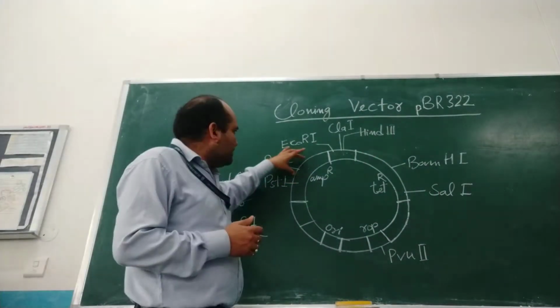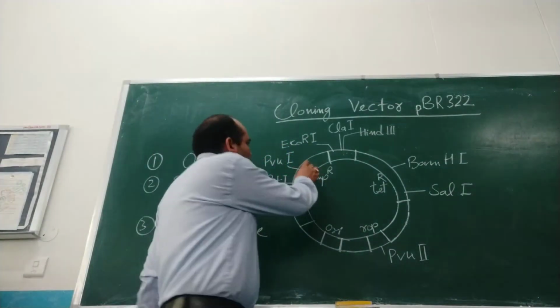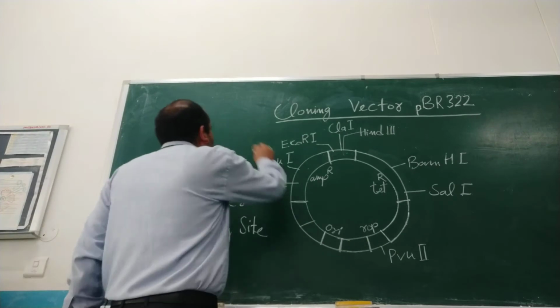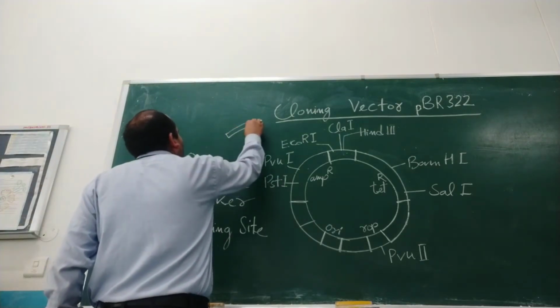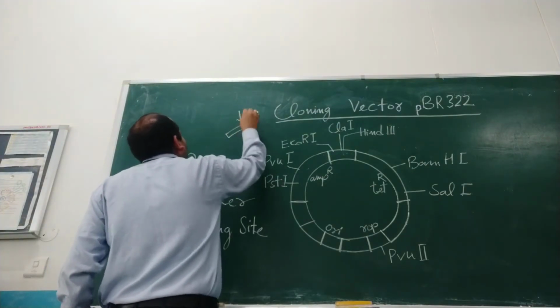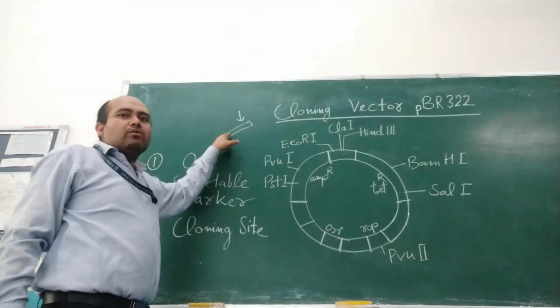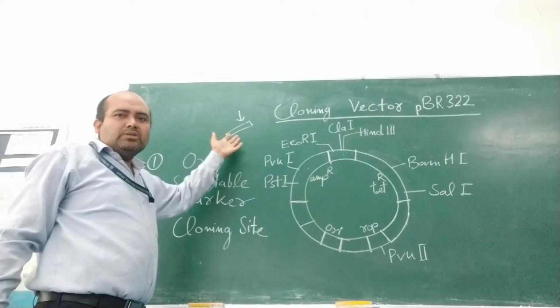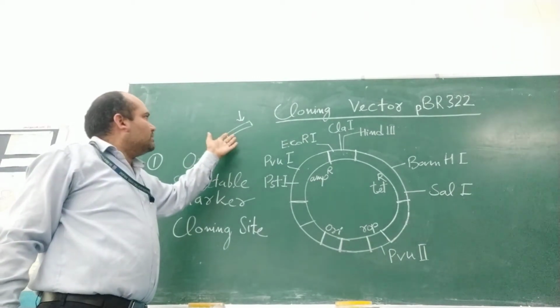You cut the DNA from here, remove this piece and insert a foreign DNA. If this is a piece of foreign DNA, you may say it is any gene, such as the insulin gene or any hormonal gene.